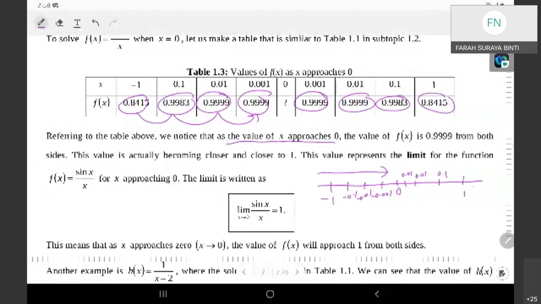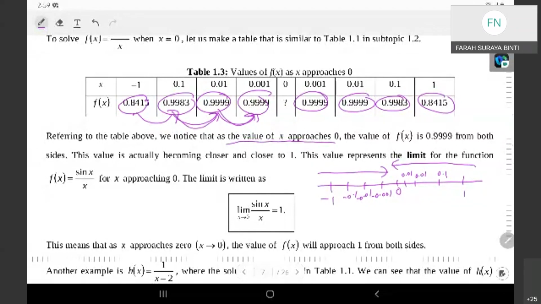Ini pun dia menghampiri 0 boleh ada dua cara, sama ada dia menghampiri 0 sebelah kiri ataupun daripada sebelah kanan. Daripada sebelah kiri, semakin nilai x menghampiri 0, function dia berubah daripada 0.4515 and then dia akan jadi 0.9983 and then dia akan jadi 0.9999. Itu daripada sebelah kiri menghampiri kosong.